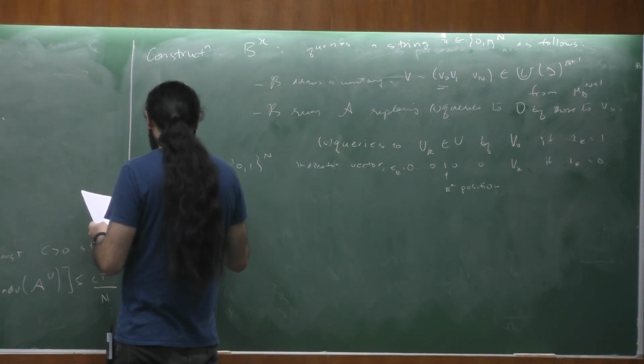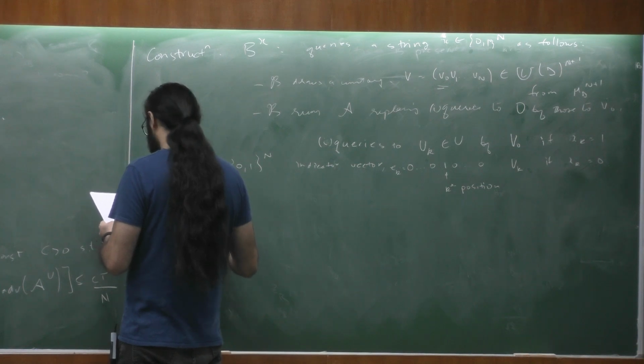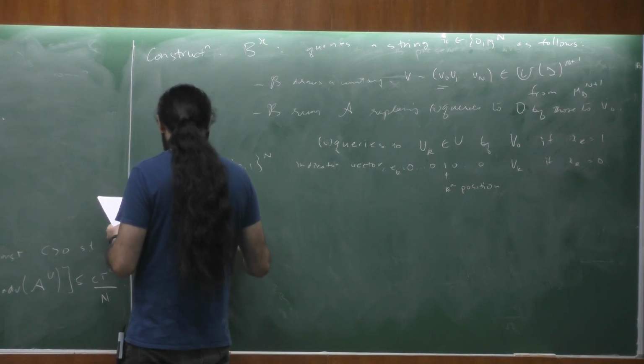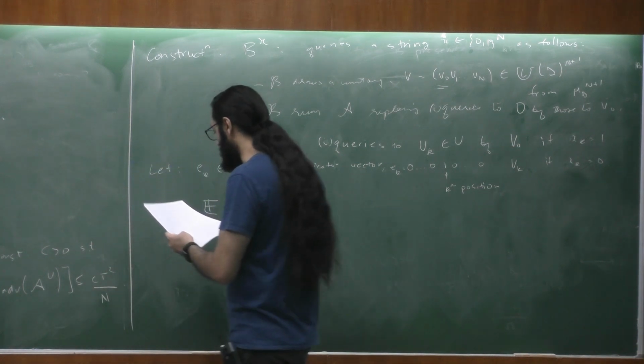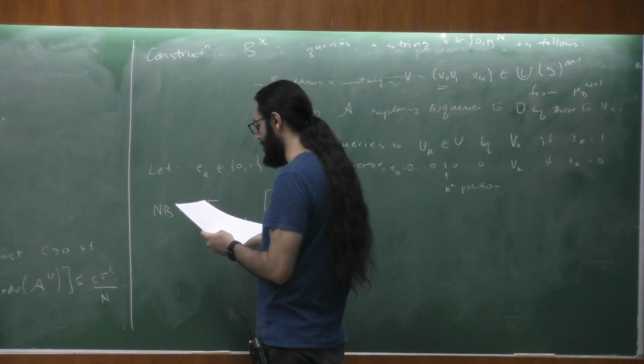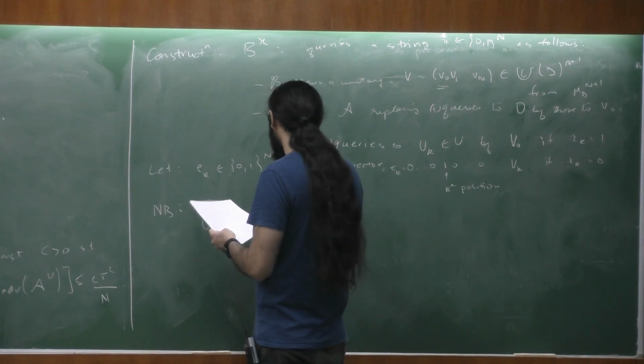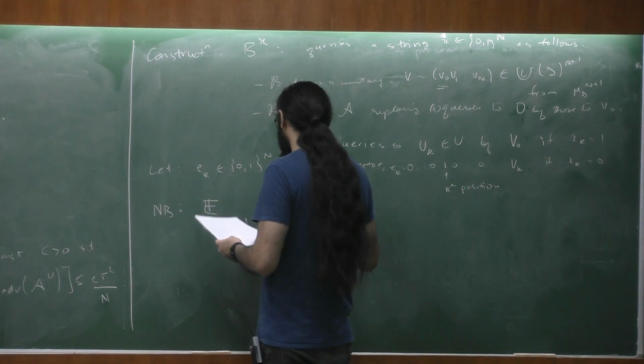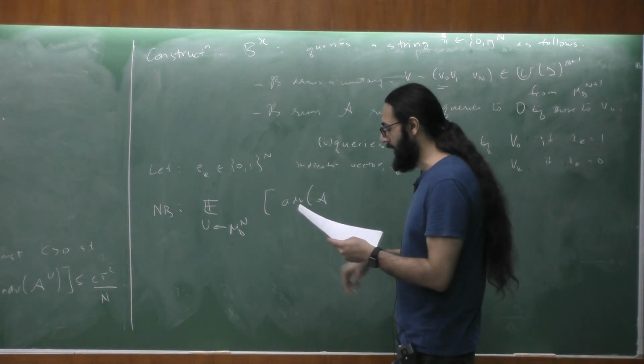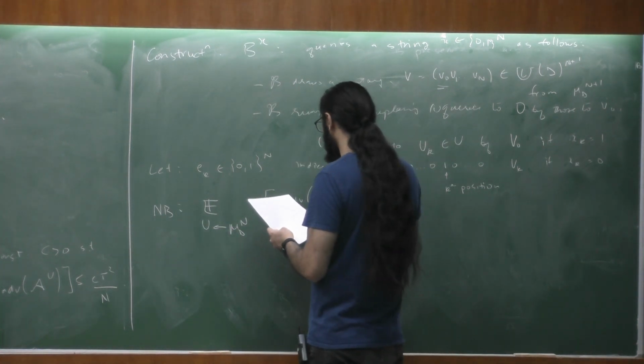So the first note is that you sample U from this distribution mu sub N, that's the set of capital N direct sums of random unitaries.